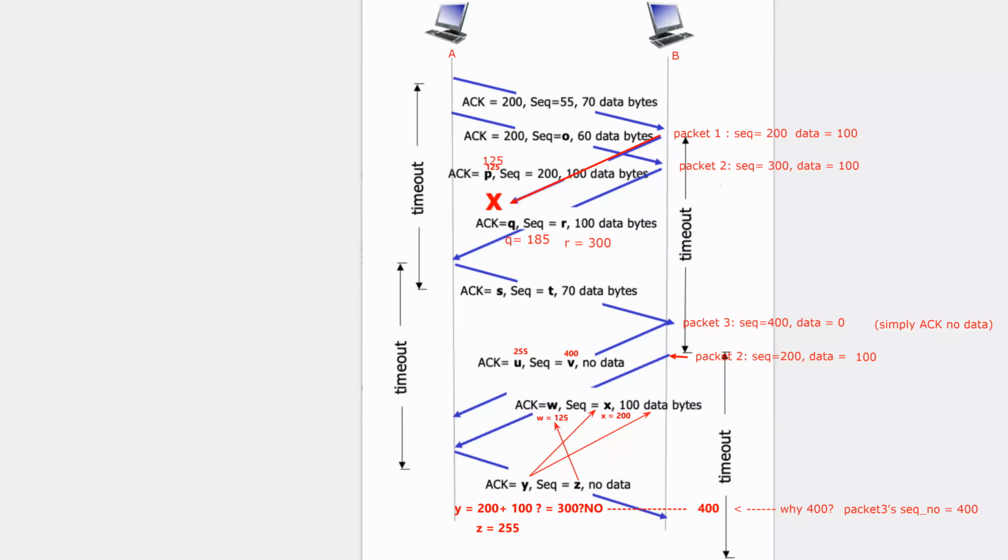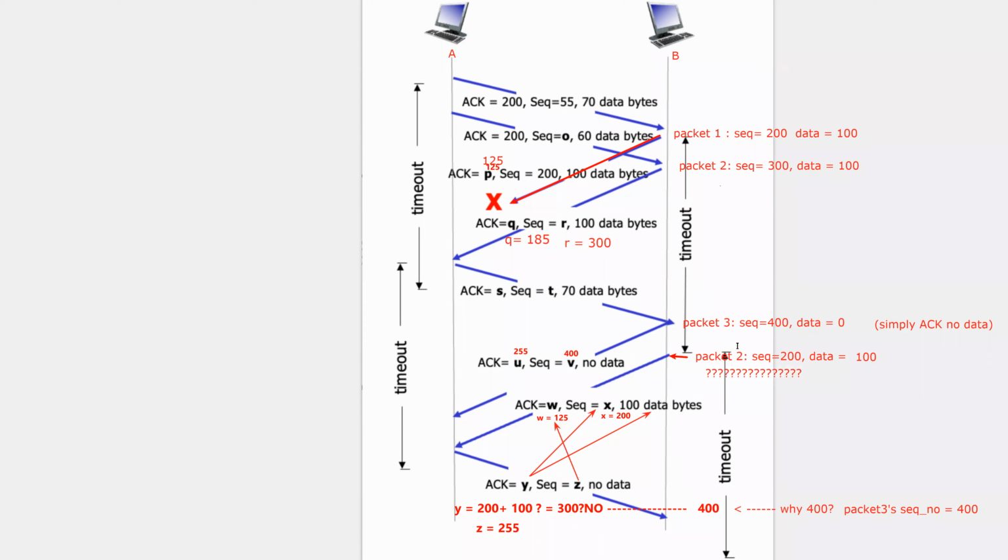Why is the arrow at packet 2 when packet 2 was received? Is it this one? Oh, I think I made a mistake.